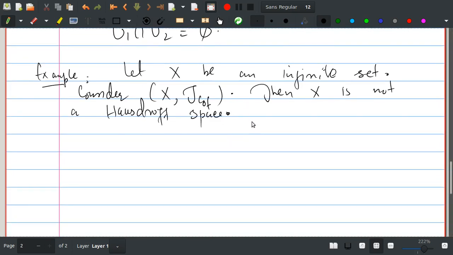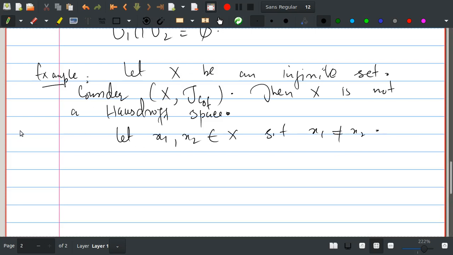Let us first choose two distinct points in X. So let x1 and x2 be in X such that x1 is not equal to x2.